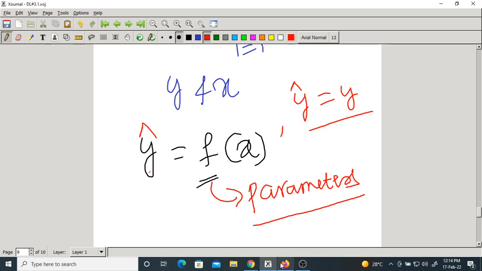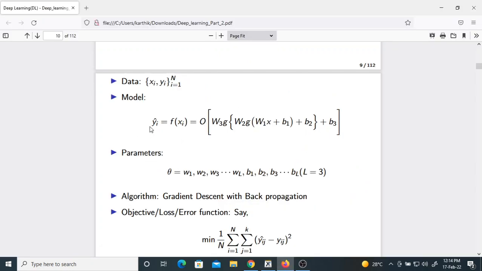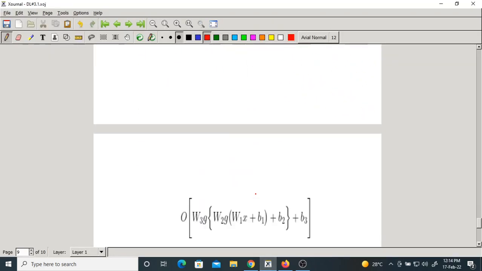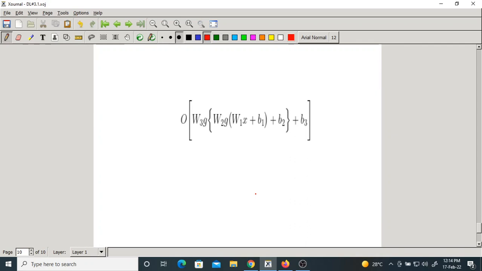Now we get data. So what is the model? Here we have 3 layers, right? As I told you, we have the pre-activation and activation of the first layer, the second layer pre-activation and activation, and the last layer pre-activation and last layer activation.